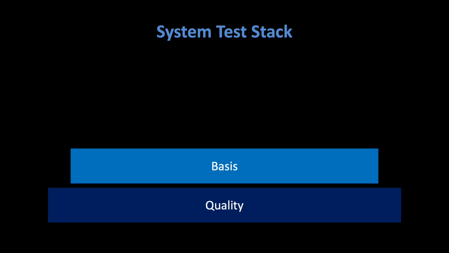And on top of that, you have the basis of system test, which defines the setup, test management, the test methods, the strategy, and handles all the test objects. Next are certain domains which act as pillars of the test activities. So for example, test specification, test infrastructure, test planning, problem management, and reporting.